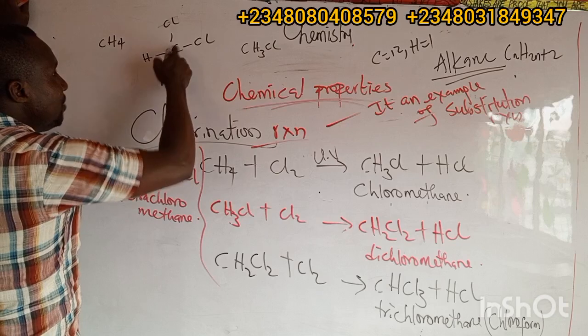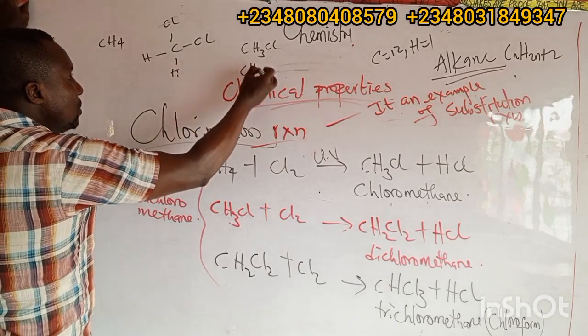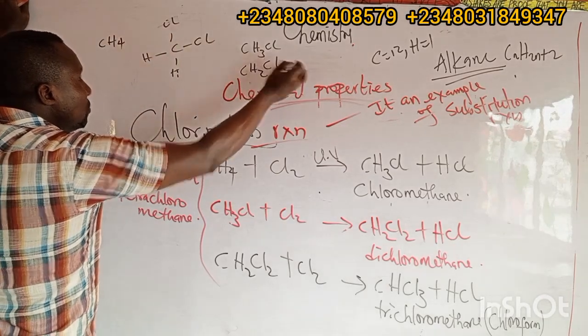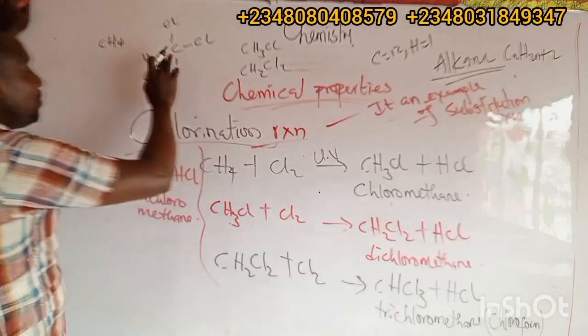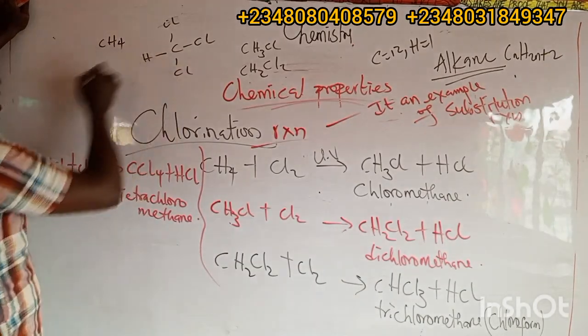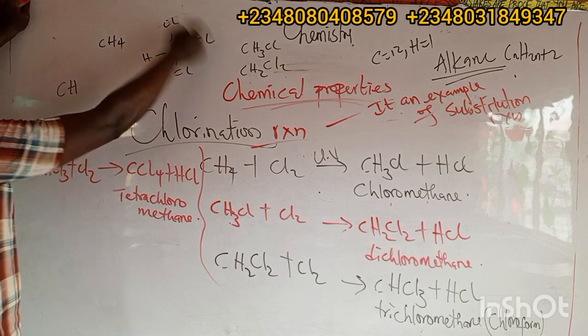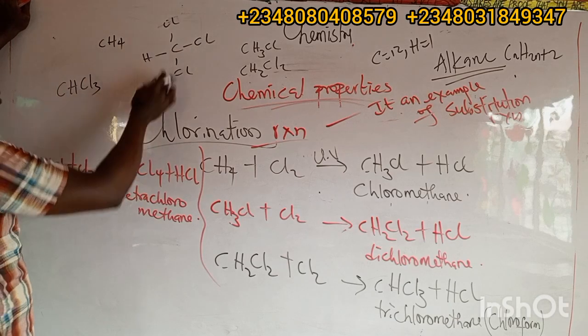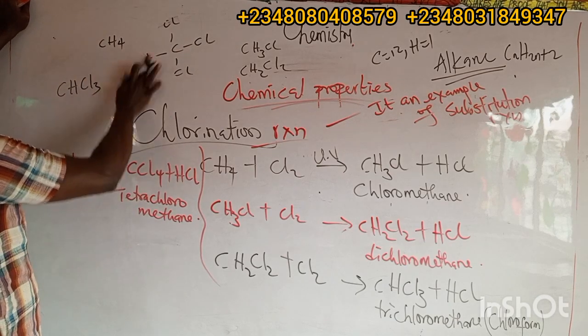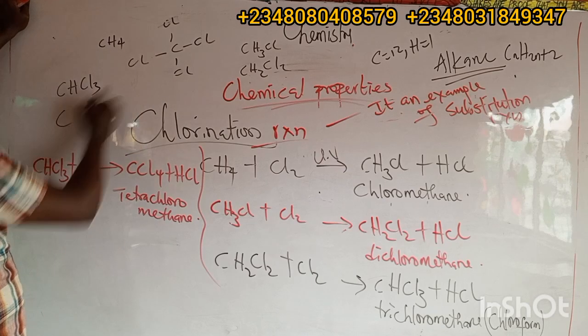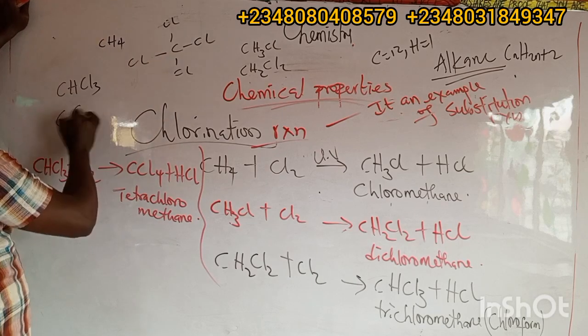How many H now? 2. CH2, how many Cl? Cl2. The third one, replace another hydrogen with Cl. How many H? 1. How many Cl? 3. The fourth one, replace the last hydrogen with Cl. What do you have? C, then how many Cl? 4.